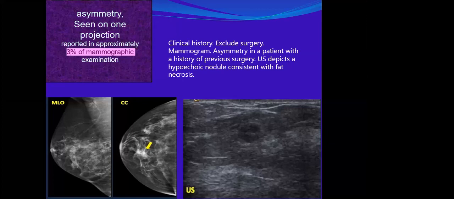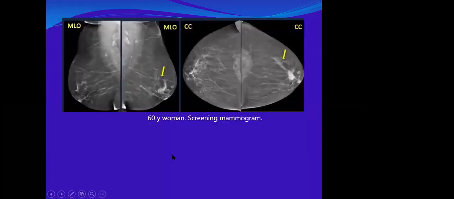These patients have a clinical history of surgery, so we have to consider fat necrosis. And it is proven here on ultrasound: ill-defined mixed echogenicity, or hypoechoic with hyperechogenicity, going with the fat necrosis.